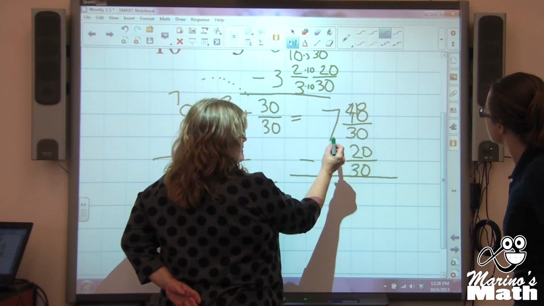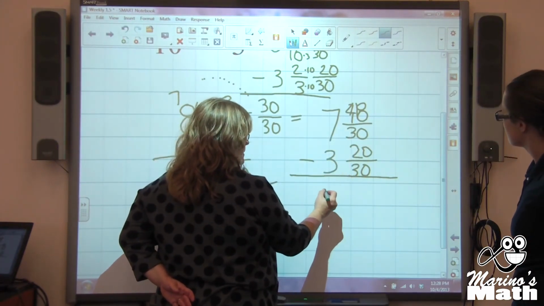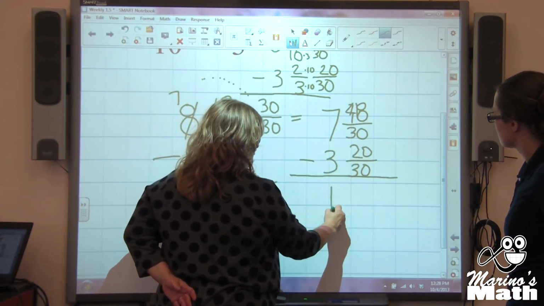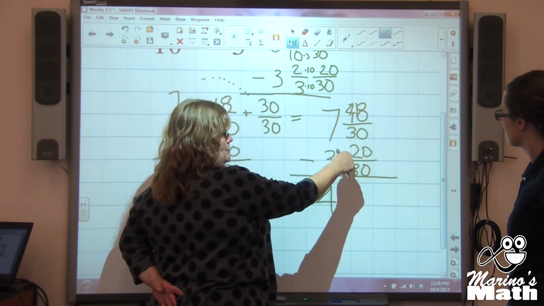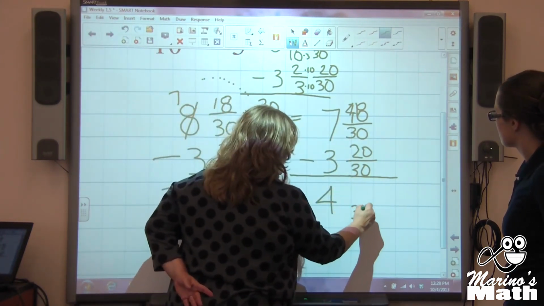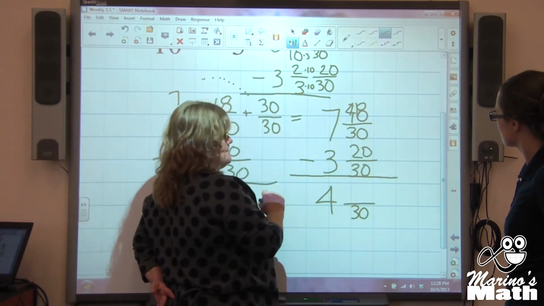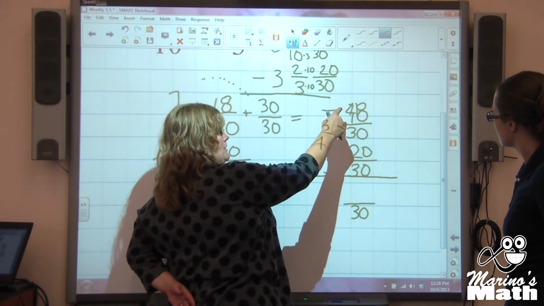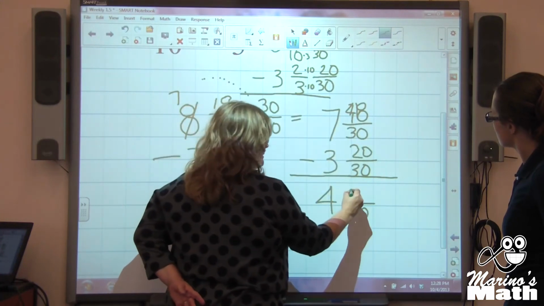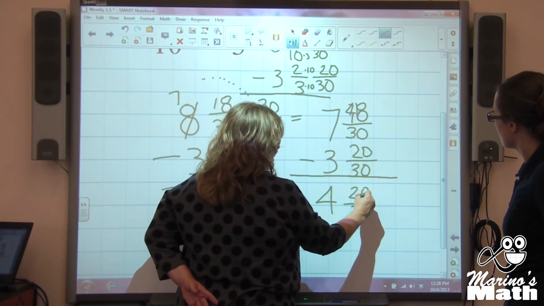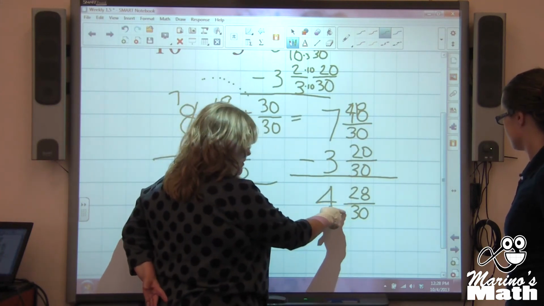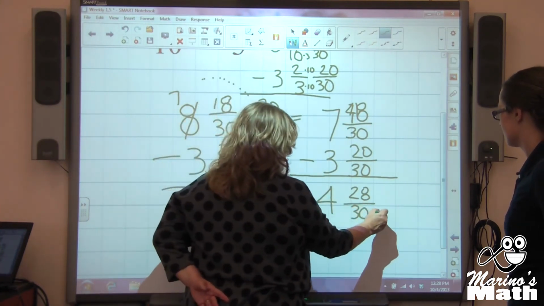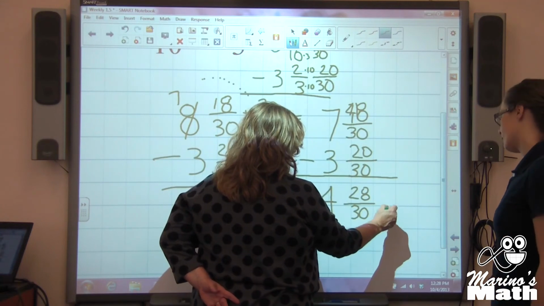So I'm going to subtract the whole numbers here. 7 minus 3 is 4. And they're both over 30, and that stays the same. So let's put that denominator down there already. And then the numerators, 48 minus 20 is going to give us 28. Beautiful. And I'm thinking that both of those numbers can be divided by 2 to reduce the fraction, because we have even numbers.